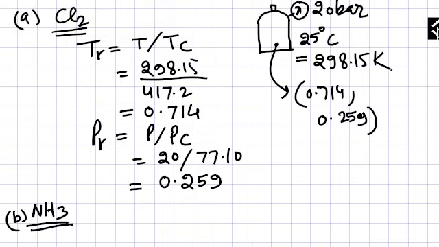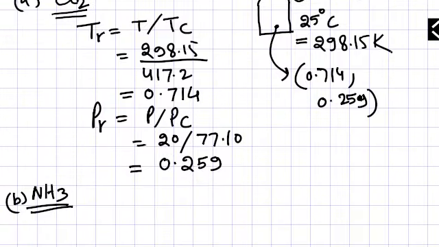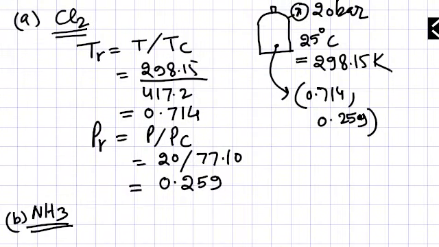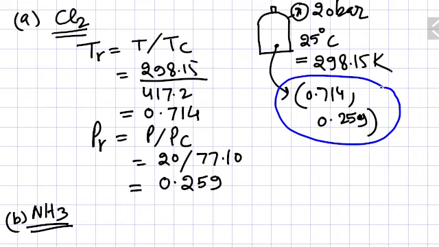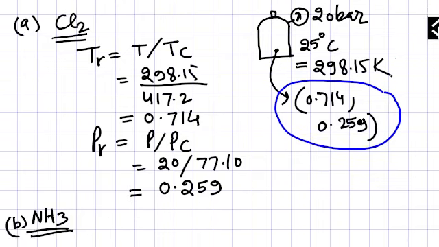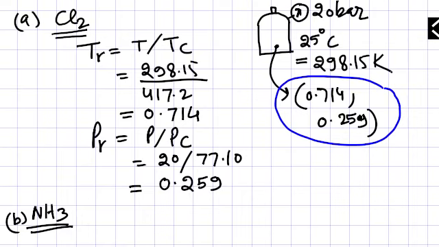Now the idea is that if we want to maintain the ammonia gas at these same reduced conditions, can we find at what temperature and pressure we will get exactly the same reduced condition of ammonia gas?